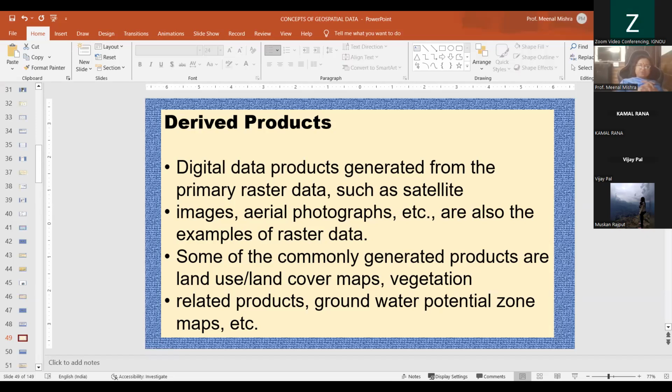Let me give you examples of some commonly generated products like land use, land cover maps, vegetation maps, and products related to groundwater potential. They are all derived products.